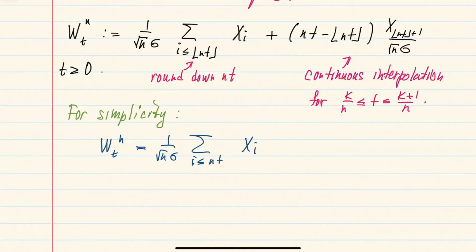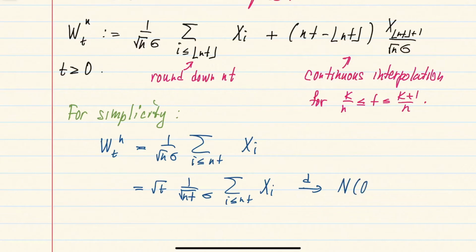If you do that, then by the central limit theorem, since you are adding n times t terms, you would like to divide by the square root of the number of terms, so square root of nt. And then the central limit theorem tells you that this converges in distribution to a standard Gaussian times square root of t.